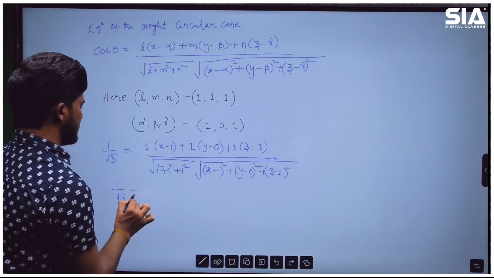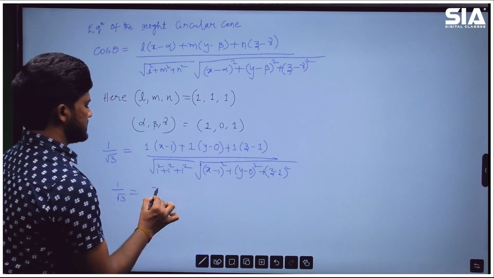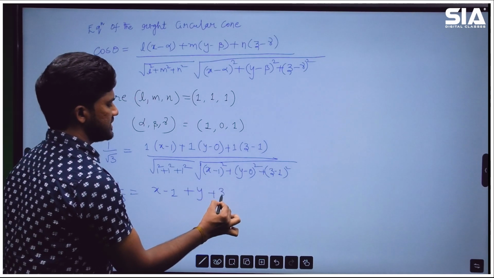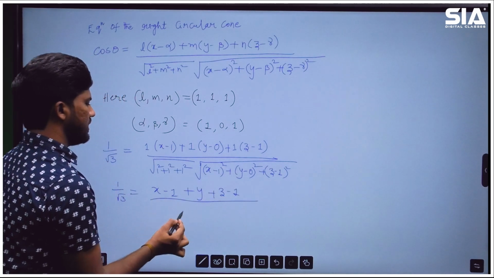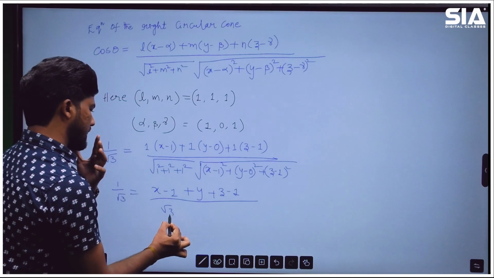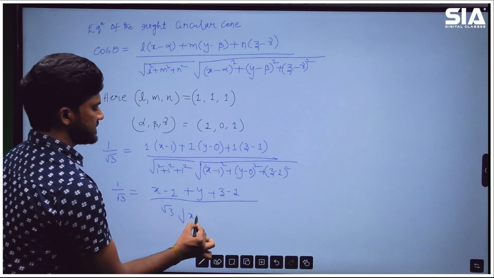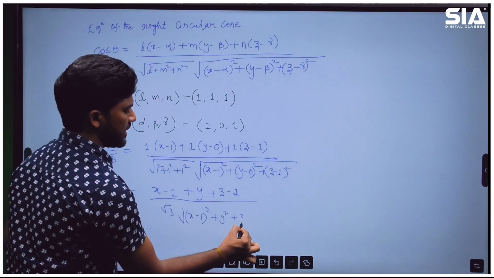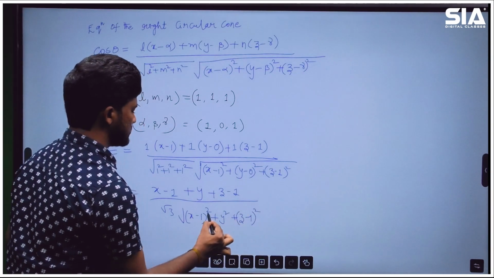So 1 by root 3 is equal to x minus 1 plus y plus z minus 1, by root 3 into root of (x minus 1) whole square plus y square plus (z minus 1) whole square.